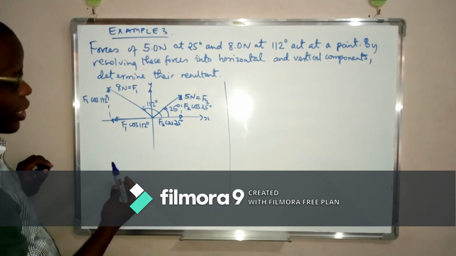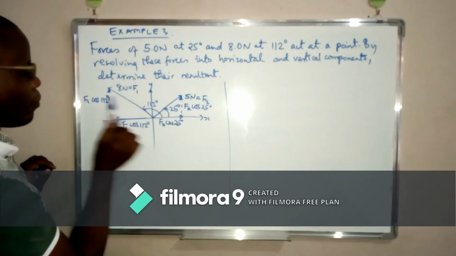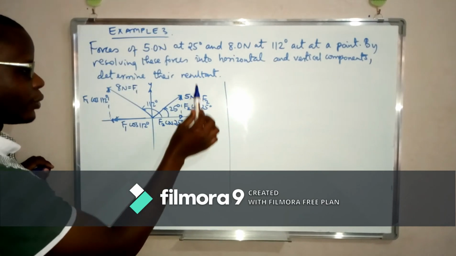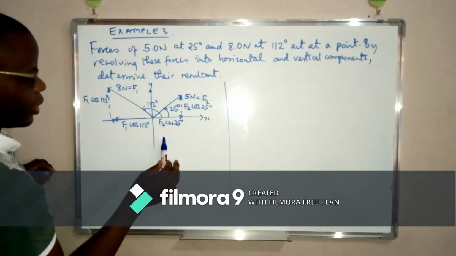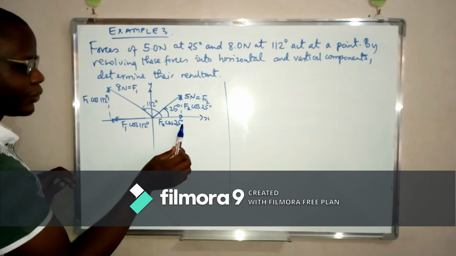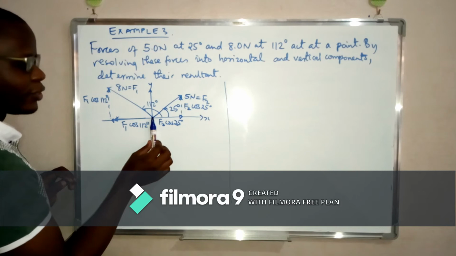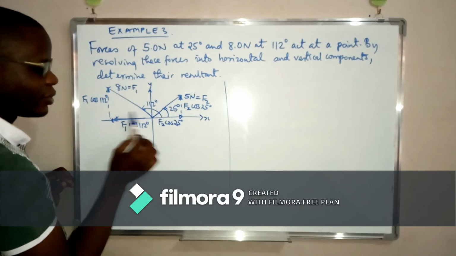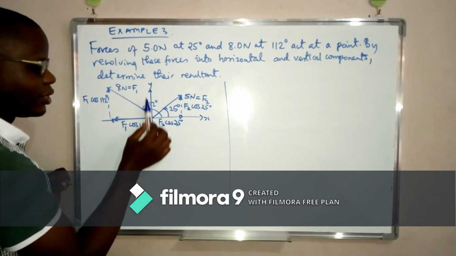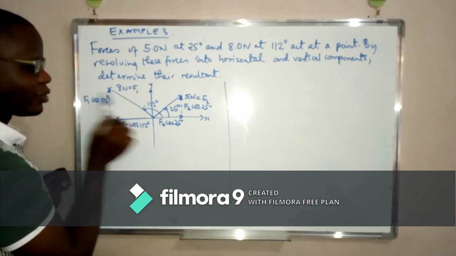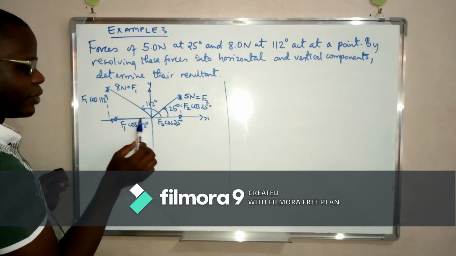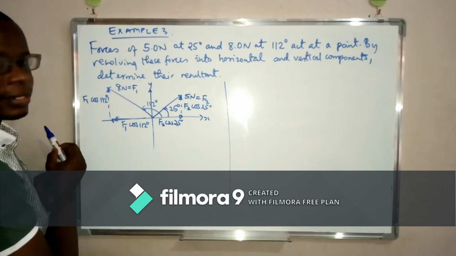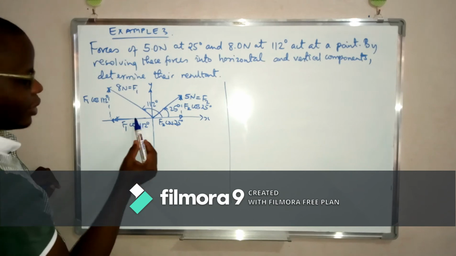You realize that the vertical components of both forces are in the upward direction, so they'll take positive. When you look at the horizontal components, one is opposite the other, so one must be negative. Since this part of the Cartesian plane is always considered negative, this one will carry the negative sign.